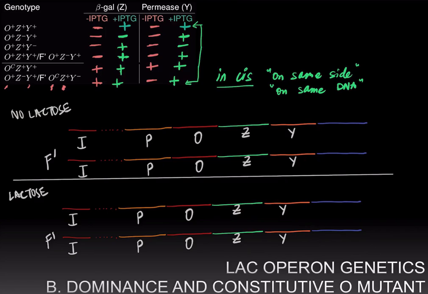And now let's see how this might work mechanistically. So I have I plus, and in the first piece of DNA I have O plus Z minus Y plus, whereas in the second piece of DNA on the F prime plasmid I have OC Z plus Y minus.